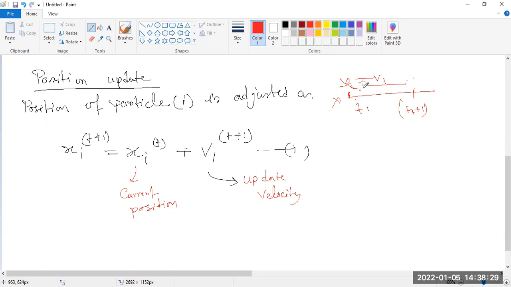So your next position is x plus 60 kilometers. This is your latest, updated position. This way they change their positioning.